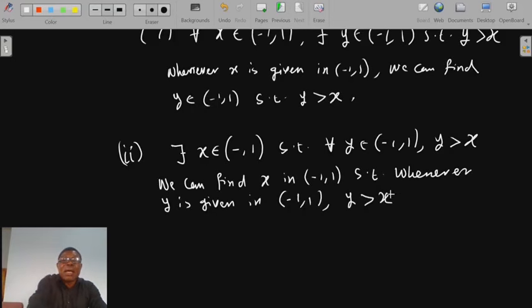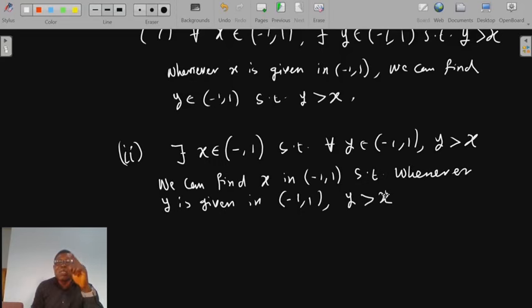That I can find an x here so that for any y I pick here, that y will be bigger than x. That statement sounds strange, and it's not true.